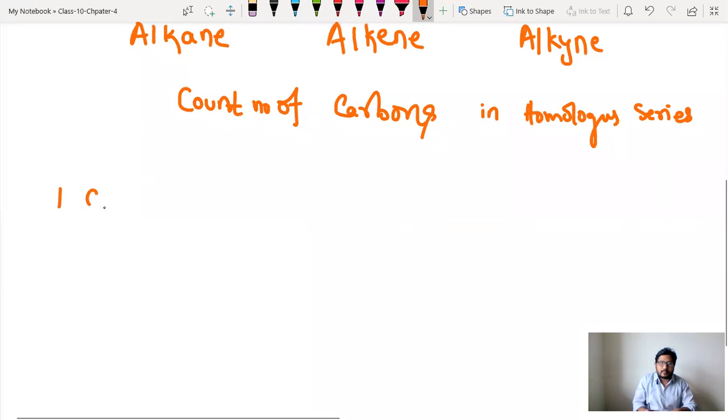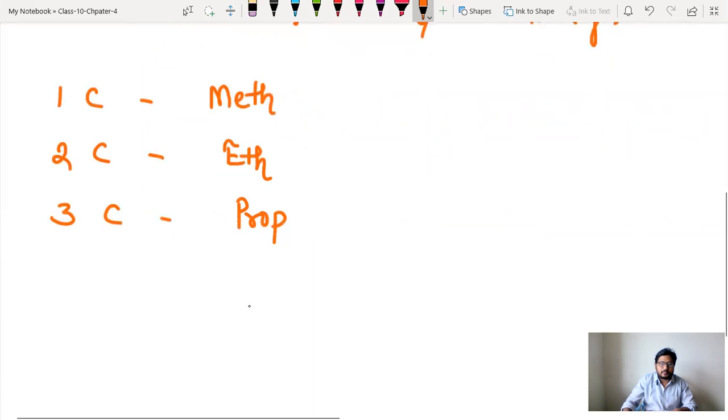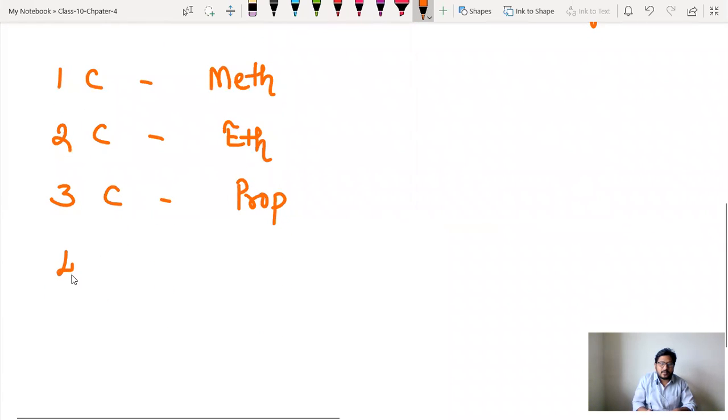If you have one carbon, we have to call it as meth. Two carbons, eth. Three carbons, prop. Four carbons, but.